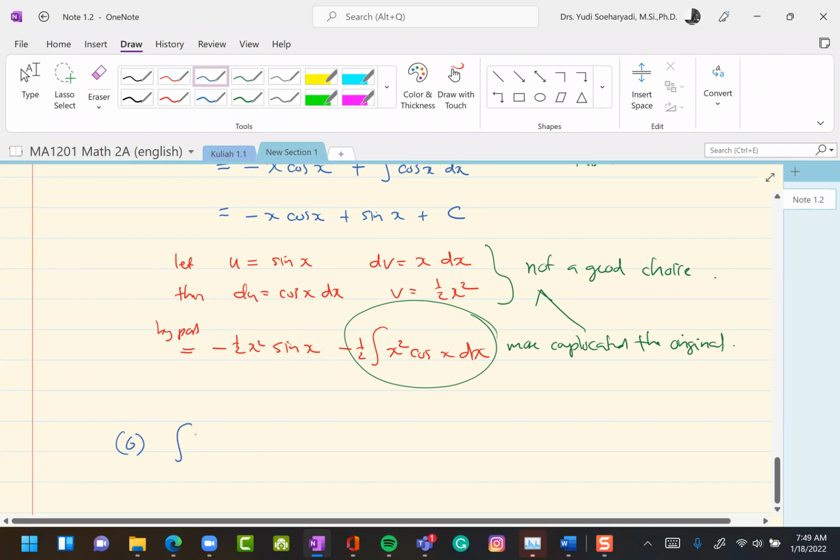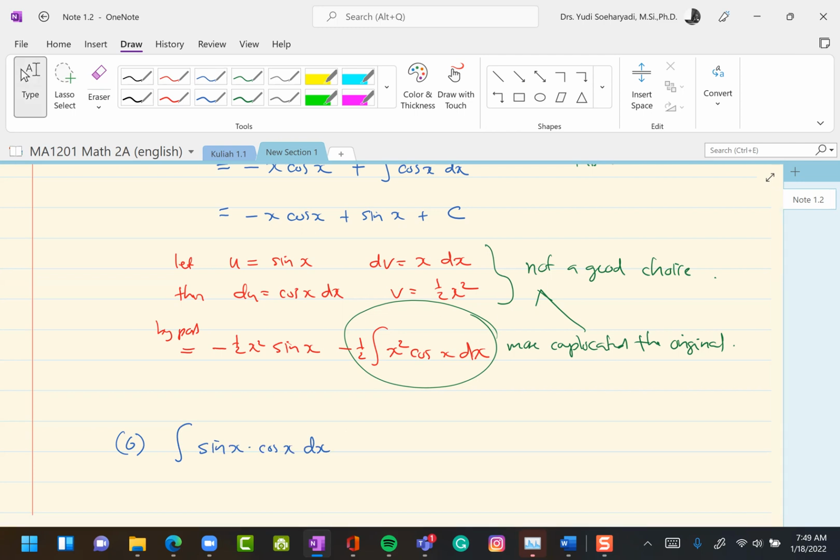So let's do this one here. The integral of sine x times cosine x. And here I would like to use integration by parts. This can be done using another method, but I would like to show you something here.